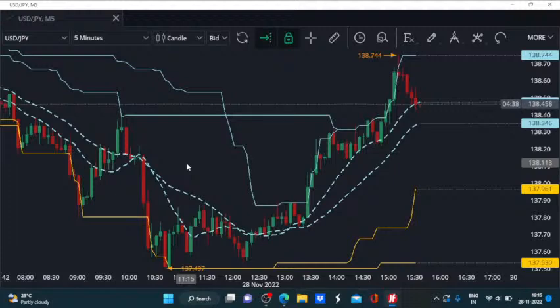As things stand at that point in time, depending on the relative strength of the momentum between USD JPY, AUD USD, and USD CAD, we can go for the initiation of the trade on the dollar side.